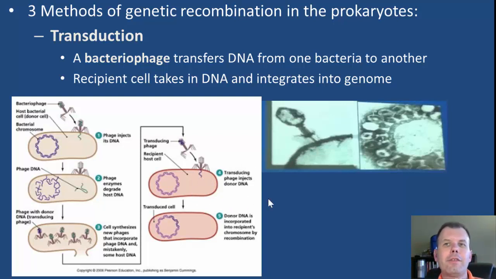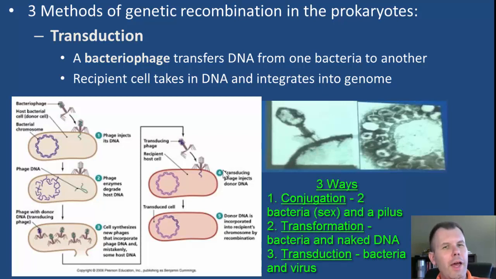If that's the case, a lot of times you can infect cells and just pass along bacterial genes to another cell without actually making new viruses. So this is another way that bacterial cells can get new genes, through the process of transduction, which requires a virus and a bacterial cell.